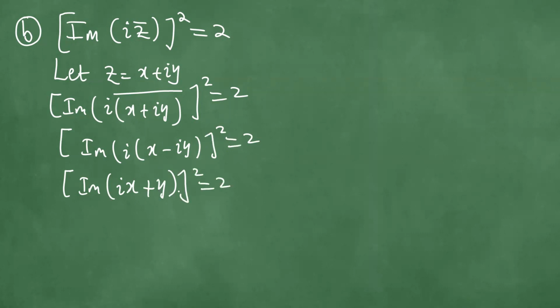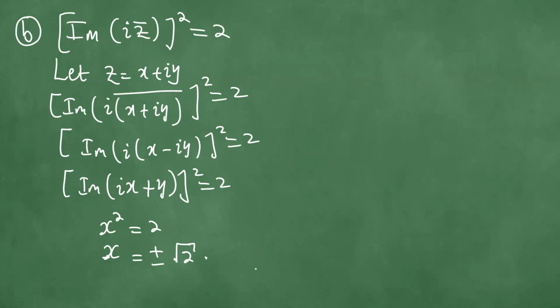All right. And then we take the imaginary part of this complex number. What is the imaginary part? The imaginary part of the complex number is x. So we have this: x, therefore, is plus or minus the square root of 2.